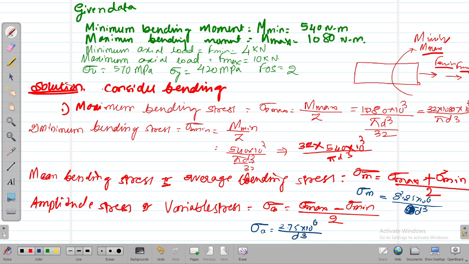Okay. Now, as you got both values, now you calculate the equivalent stress due to bending.